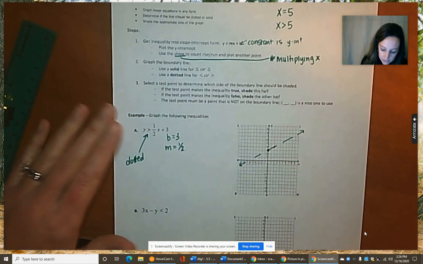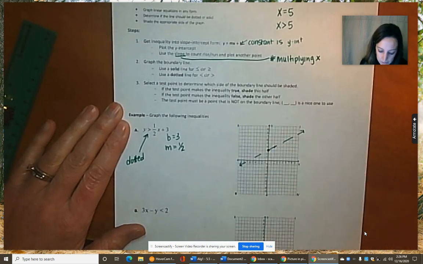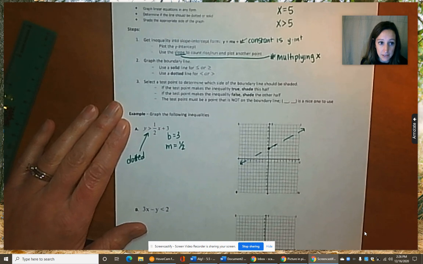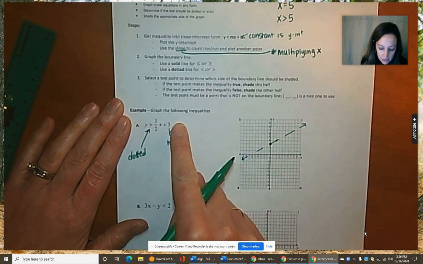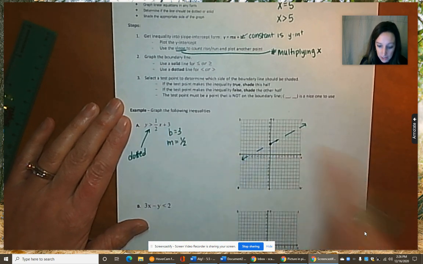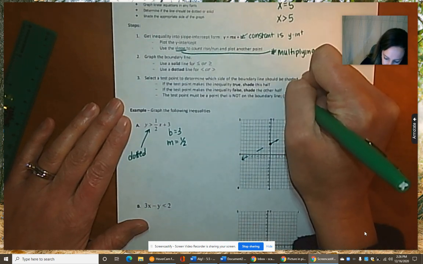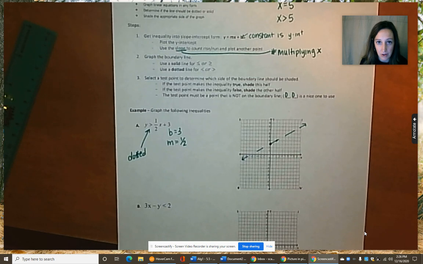So in order to decide whether I'm going to shade under the line or over the line, I'm going to pick a test point and see if my test point makes my inequality true. Now you can use any test point that you want, but it can't be on the line. My suggestion is to use 0, 0 as your test point every single time unless your boundary goes through 0, 0. If it goes through 0, 0, that would just tell you whether it was equal to it, not whether you needed to shade towards it.